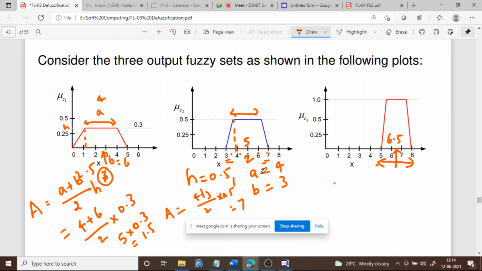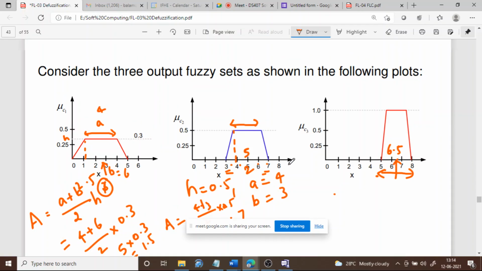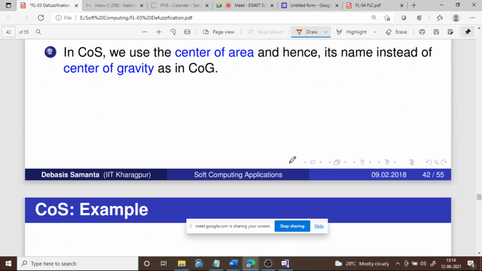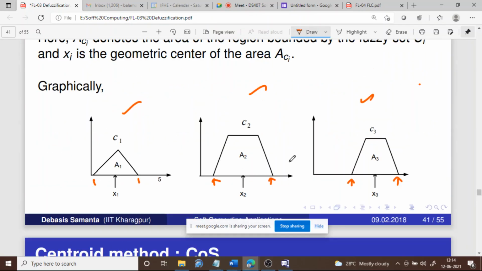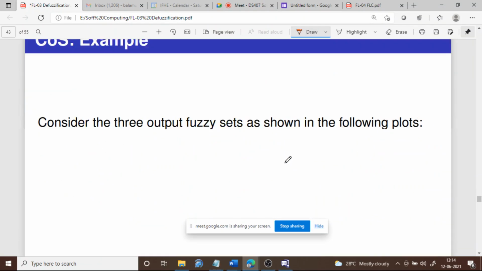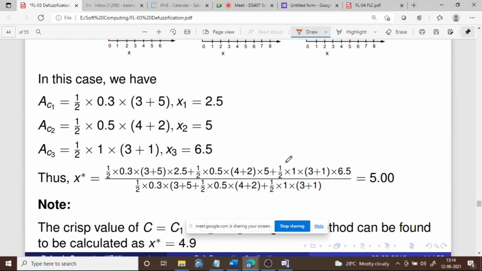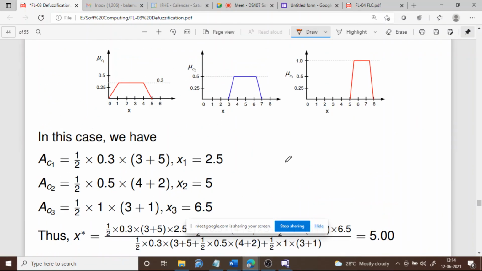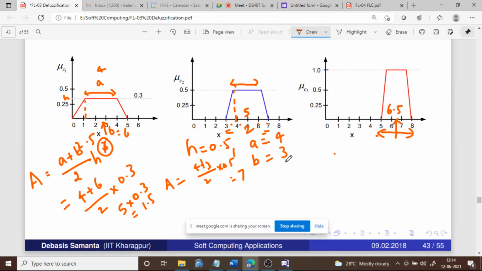So now you have calculated midpoint and you have calculated area. Then you just plug into this formula. The formula is the summation of midpoint into area, divided by the sum of all areas, right? So this is what it shows.